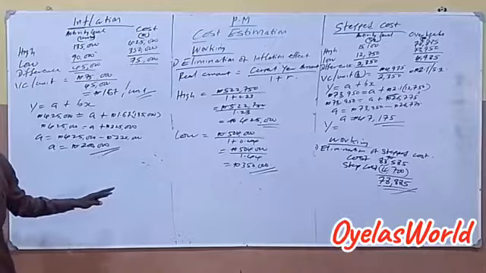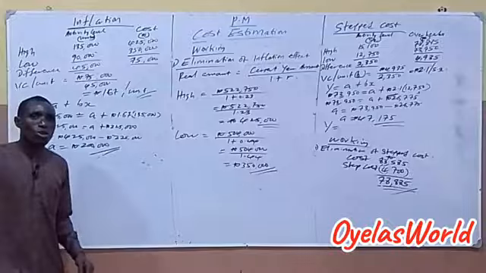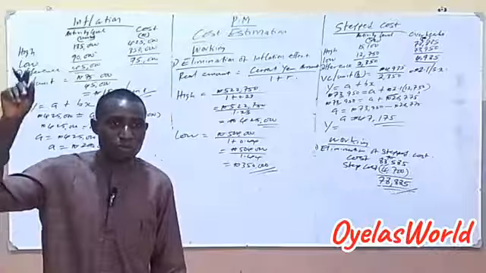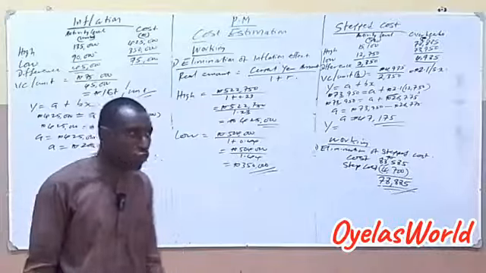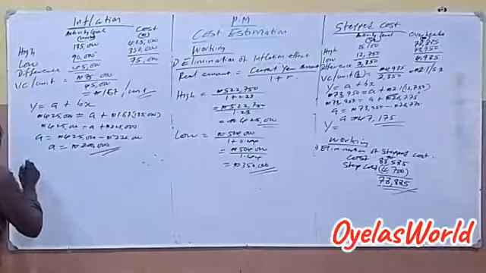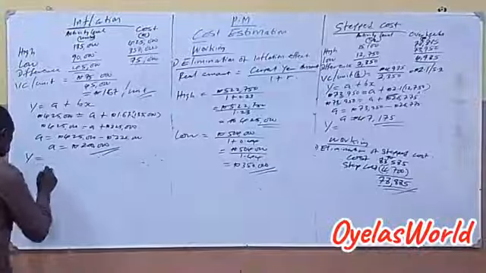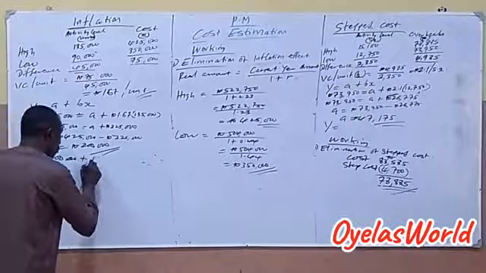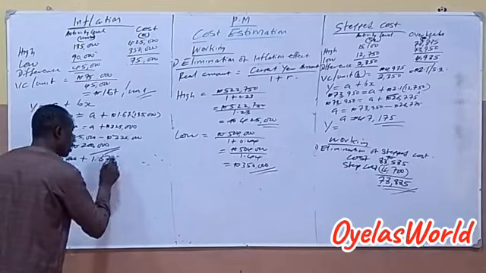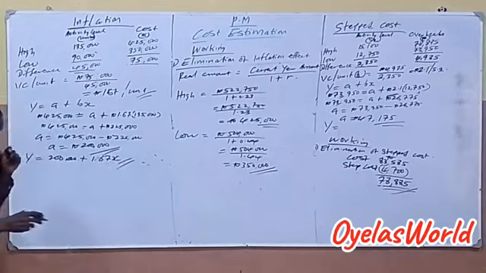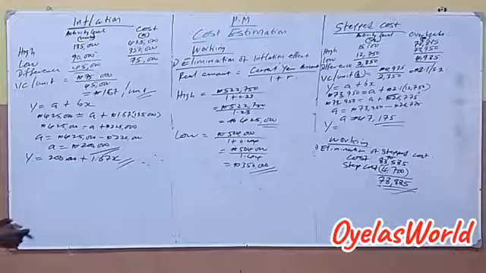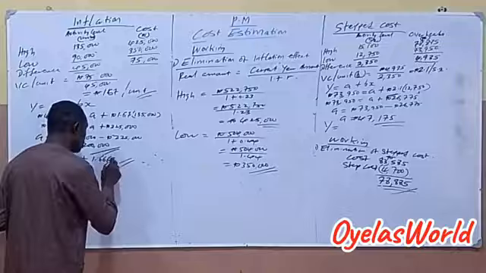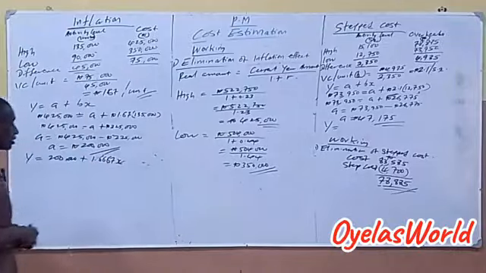And the person is asking you, what is the cost equation when the price index is 180? Then we have to factor it in. Look at it here. Our y equals a, which is 200,000 plus 1.67x. But to avoid that, let me take it to 1.6667x.